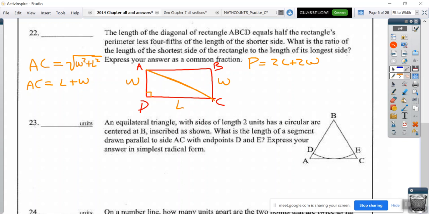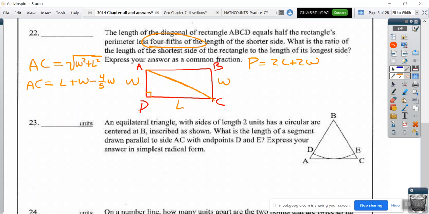But then what about this whole 4/5 stuff? Yeah, it says less 4/5. So less is the same as minus. And then the width is the shorter side. Okay, so now we're looking at some algebra here.